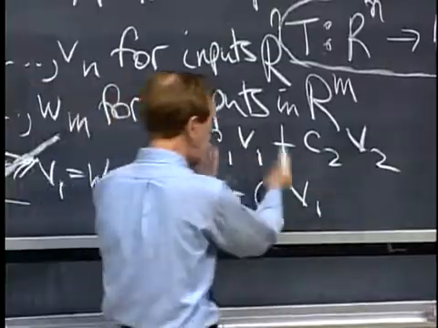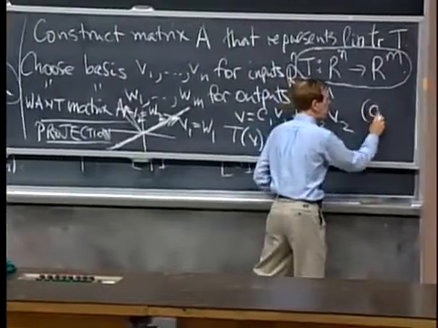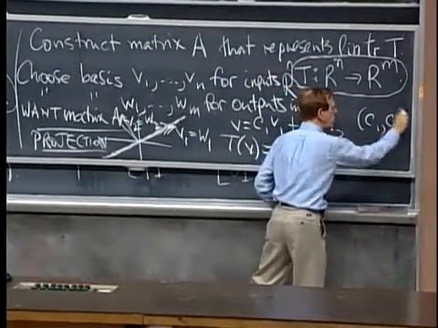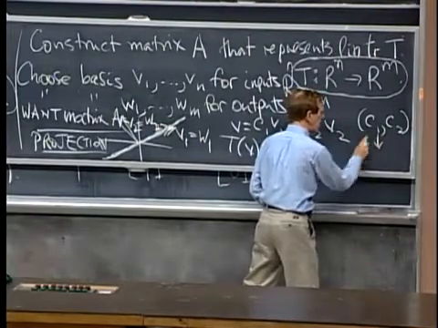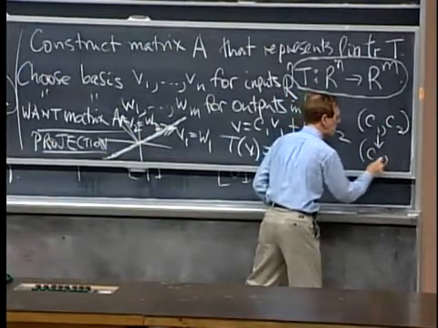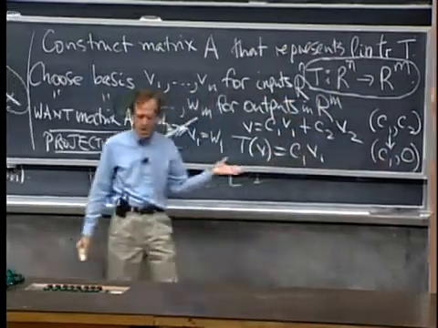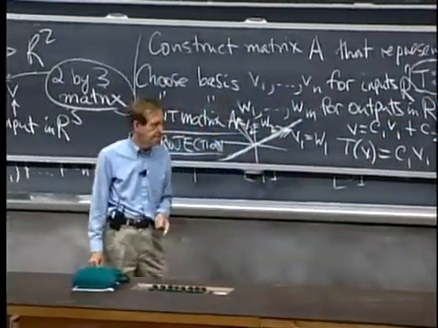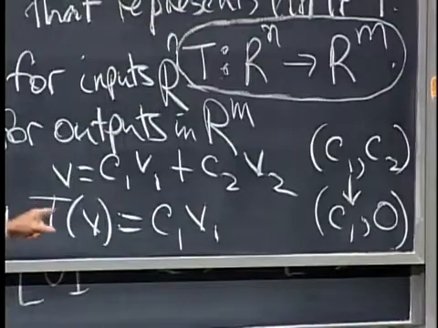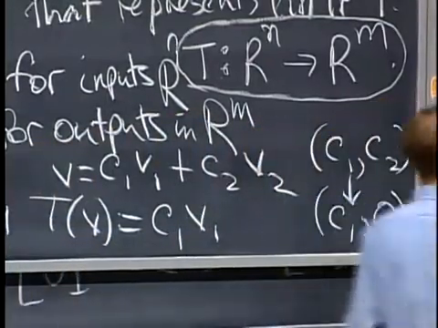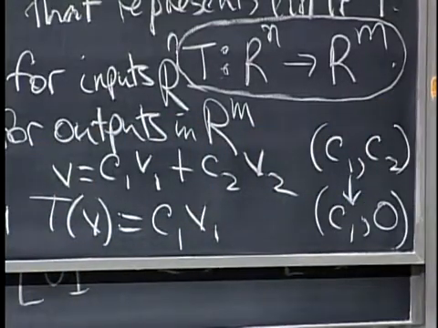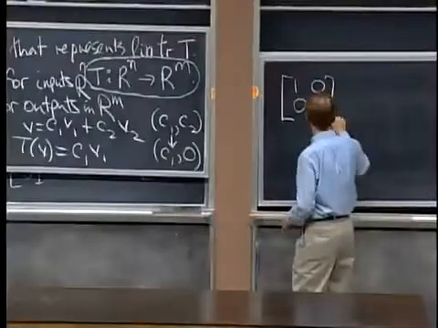You see that in this basis, the coordinates of the input were C1, C2, and the coordinates of the output are C1, 0. And of course, not hard to find a matrix that'll do that. The matrix that will do that is the matrix 1, 0, 0, 0.